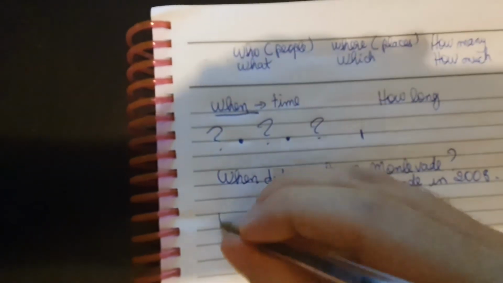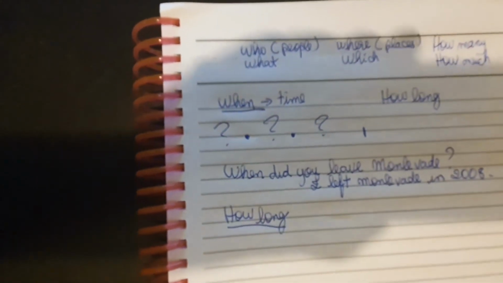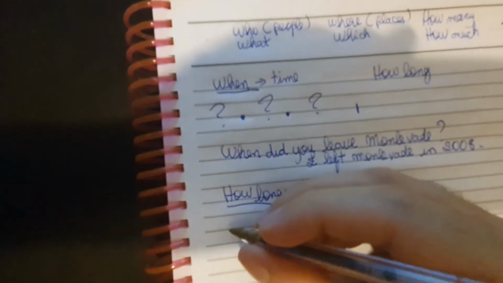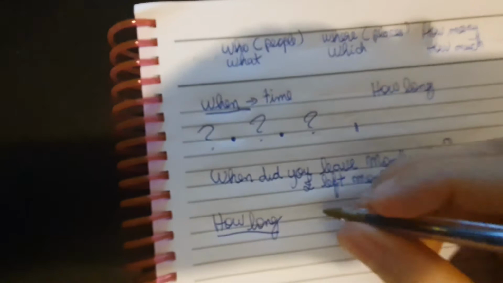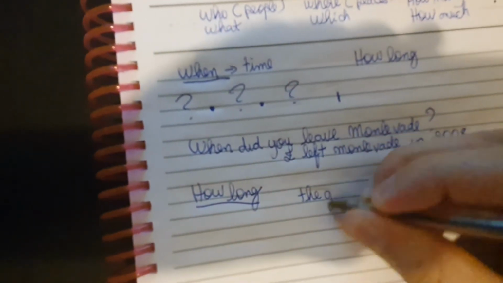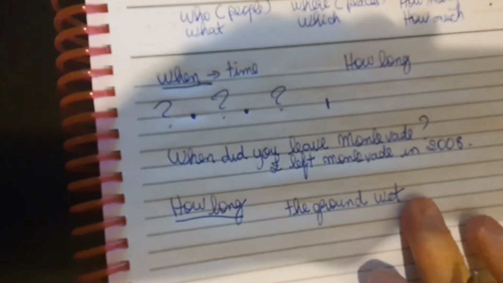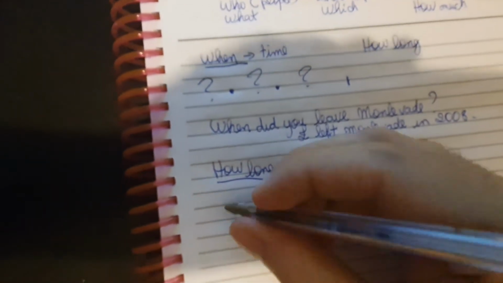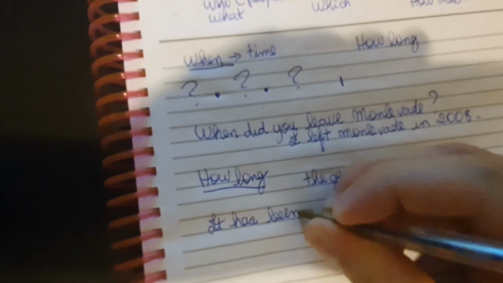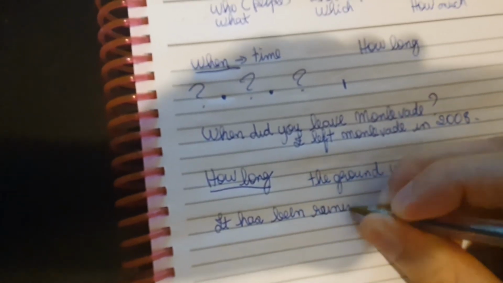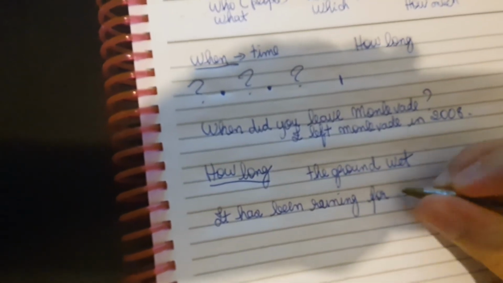But when you say how long is different. For example, remember that example of the ground is wet. Remember, the ground is wet because it has been raining, right? So you can say it has been raining for 1 hour.